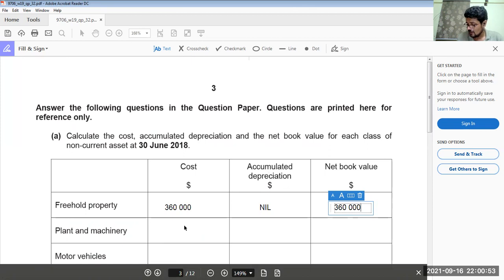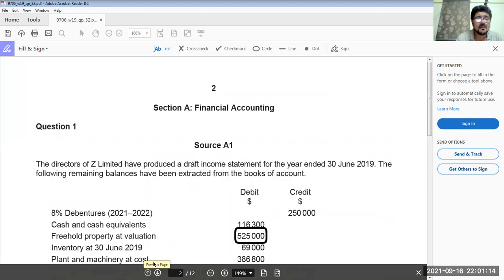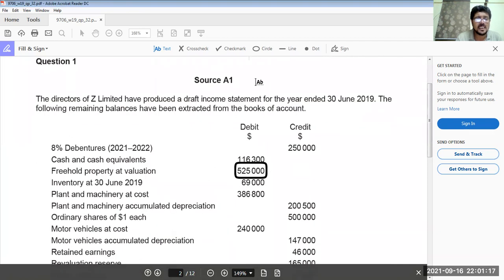Plant and machinery. So what we have to do, first we have to see the value of plant and machinery. Now see, plant and machinery at cost is how much? $386,000 at cost.